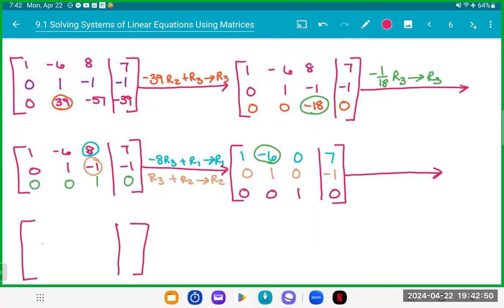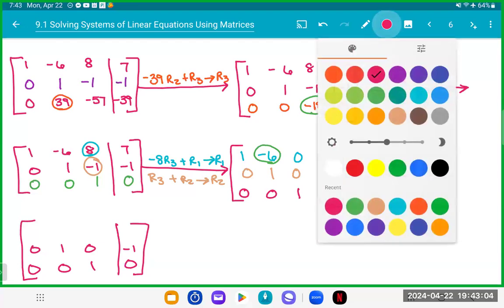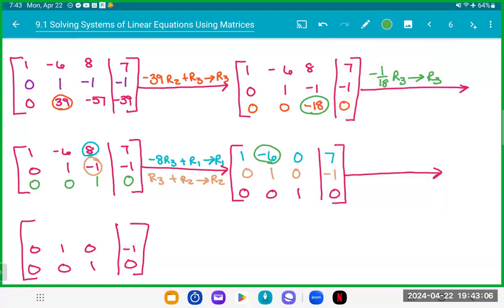So the second row stays put, 0, 1, 0, -1. Third row as well. So 0, 0, 1, 0. So what is that equation that we need? Make that a 0.